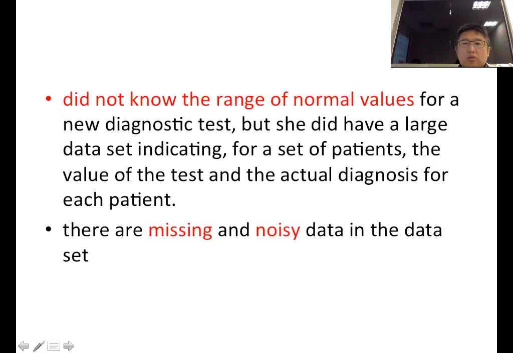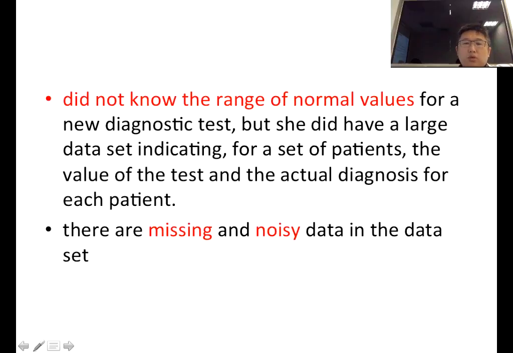So here we will give an example: if clinically you don't know which range is the normal value to make a diagnosis, we can use this approach. But the problem is a lot of the time you will face missing and noisy data.